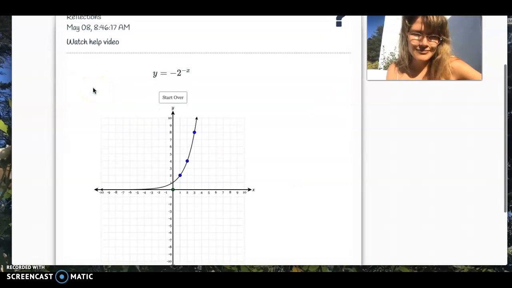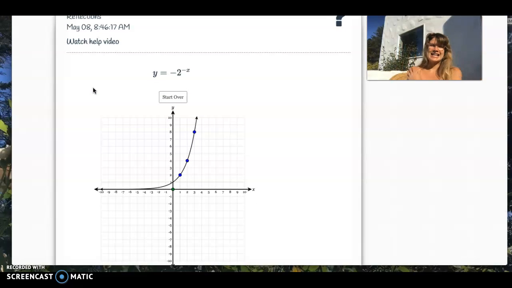Okay. Now, this is a double whammy. I have 2 negatives, so I should immediately think, if there's a negative outside the function and a negative inside the function, I have 2 different things going on. I have one reflection over the x-axis and then another reflection over the y-axis, right? Because I have a negative outside the function, and here I have a negative inside the function, inside the operation.